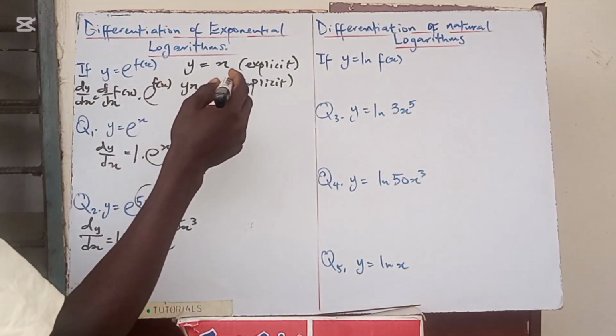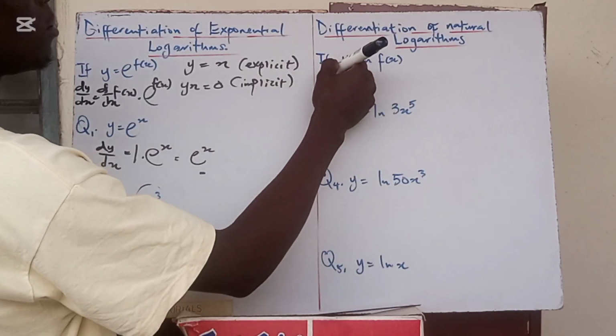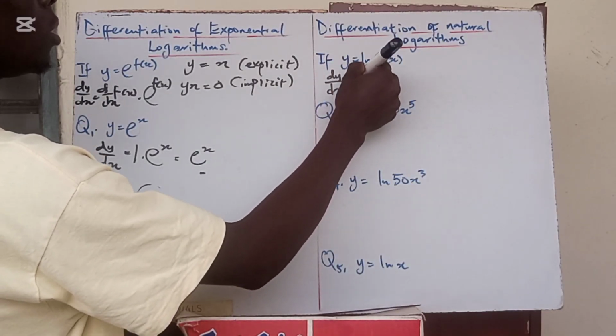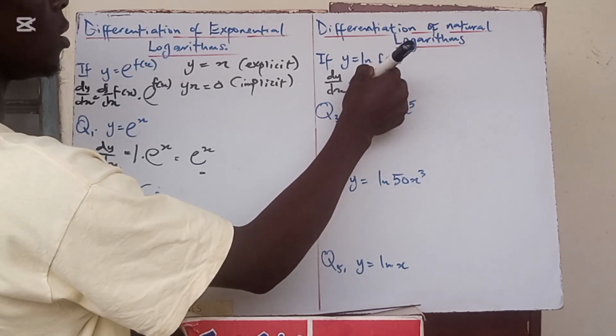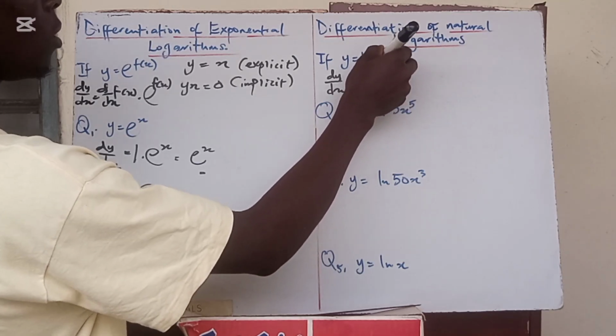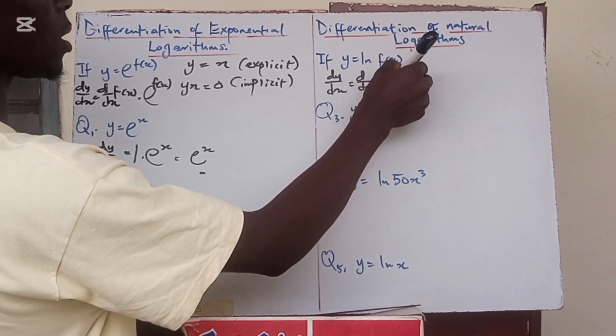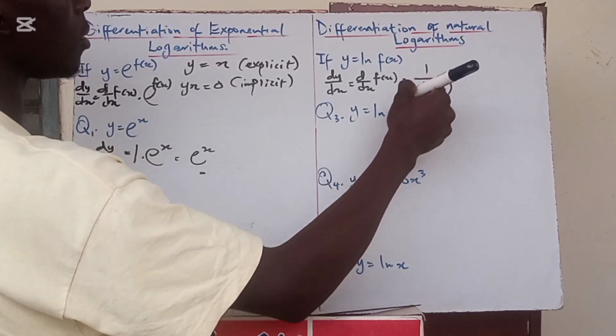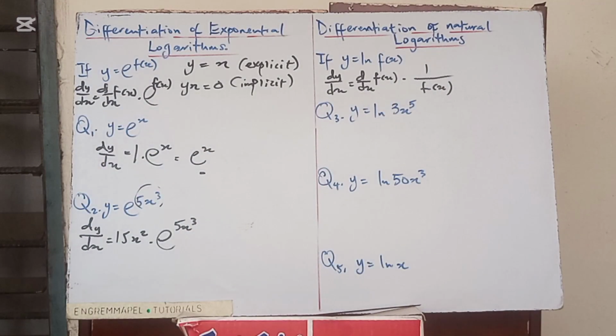So if you are having something like ln of f of x, dy/dx will be the differentiation d/dx of f of x, then multiplied by 1 over f of x. Do we get? So that's the basic secret there.